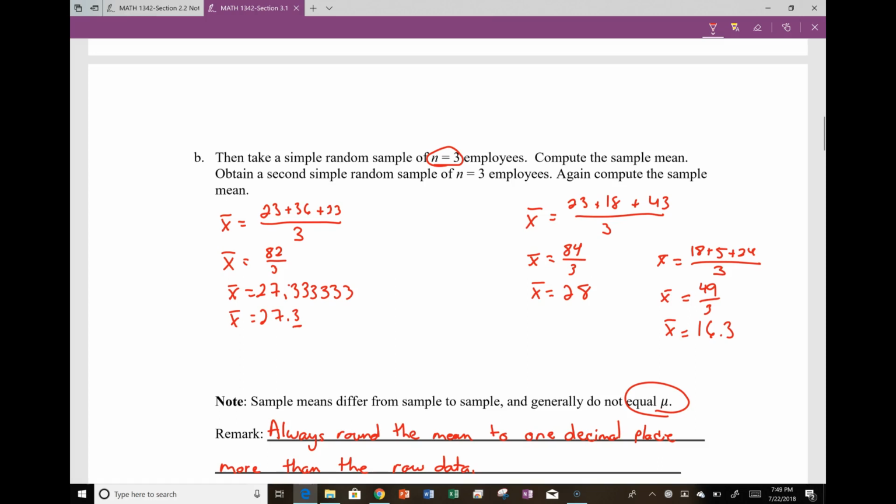I've chopped off some numbers at the back end. It's not a precise number. If I just rounded this to 27, 28, 16, it would not signify that I have done any rounding. Anytime that we round, we want to leave that additional place value to indicate that it has been rounded. Okay? So just be a little bit careful of that.